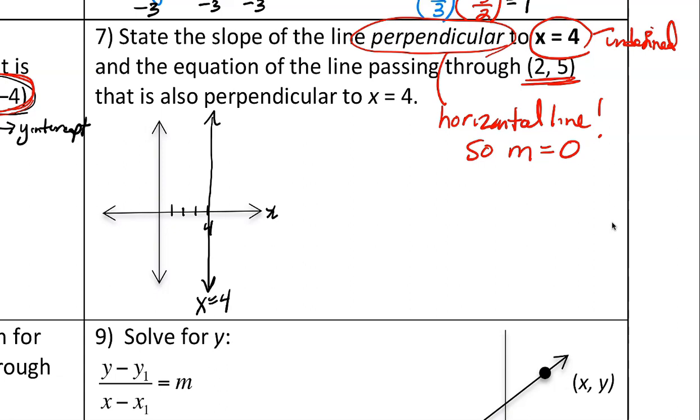If we go to 2, 5, we go up 5, right about here. So we want a horizontal line that passes through 2, 5 and forms a right angle with that black line. So the equation of that line would be y equals 5. So our answer is just y equals 5.